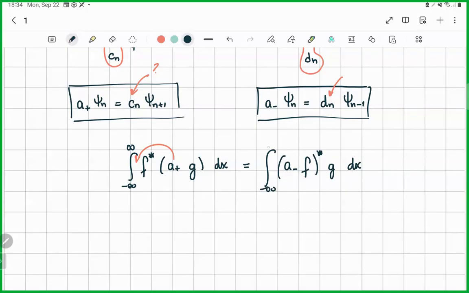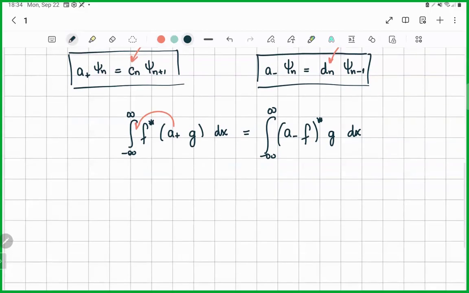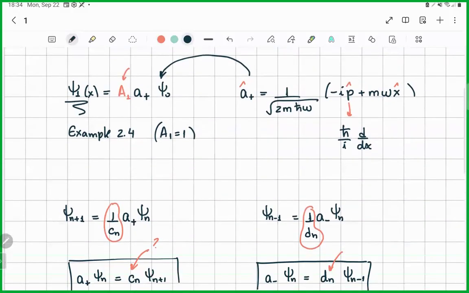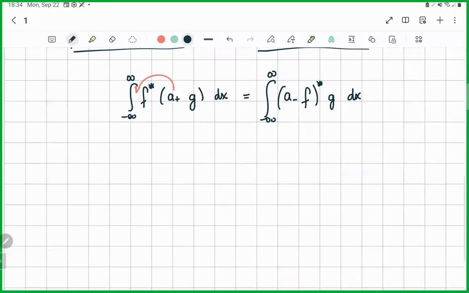So this is what we want to show. How do we do that? Well, we have to remember what this A plus is. We wrote it above. So let me write what this A plus is. There is some constant that I'm going to put outside the integral.